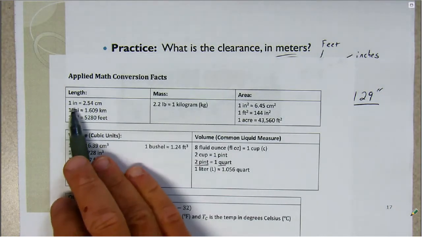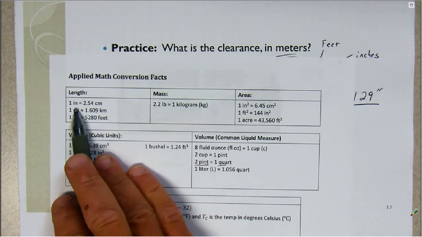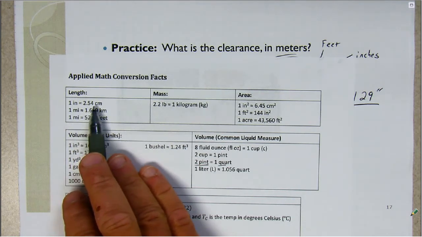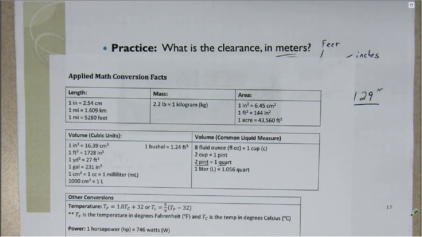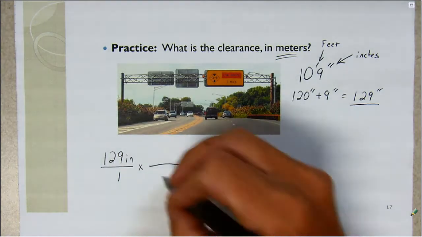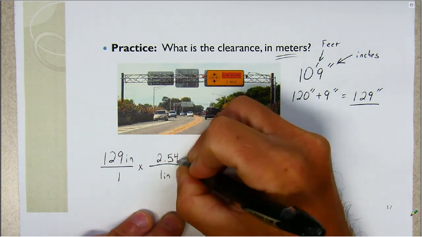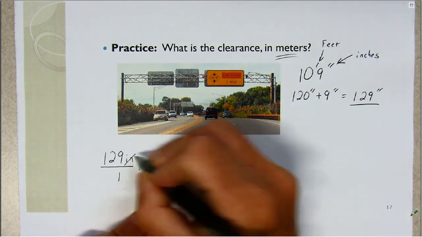Well, it's one of the most common facts that's used. 1 inch is 2.54 centimeters. So let's change our inches into centimeters, and then we can go from there to meters. So 1 inch is 2.54 centimeters. That cancels off our inches.